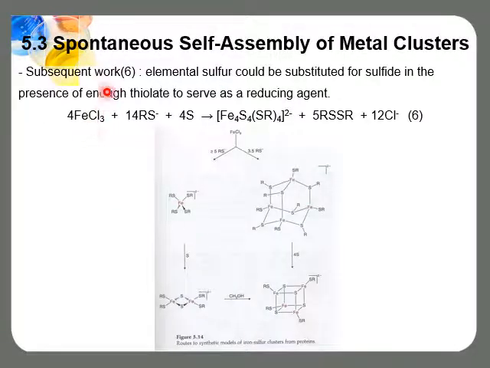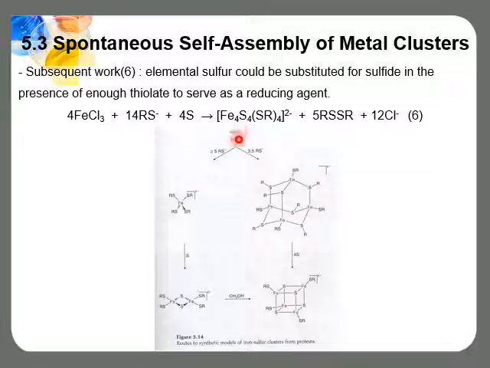And there was another trial to prepare iron-sulfur clusters. Here, elemental sulfur was utilized along with thiols. So here, as you can see, the ferric chloride and thiolate and sulfur react together to make an iron-sulfur cluster, and some thiols are oxidized to reduce a part of the iron 3+ to 2+.